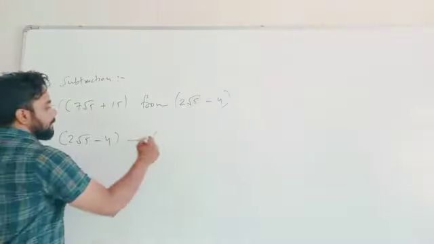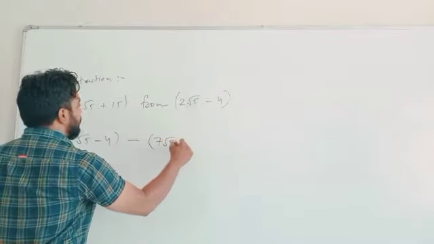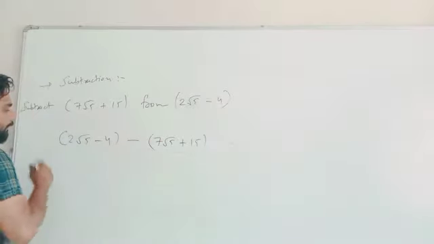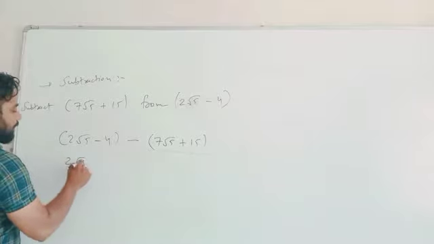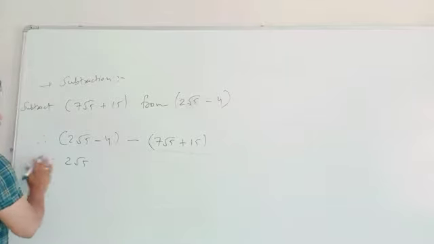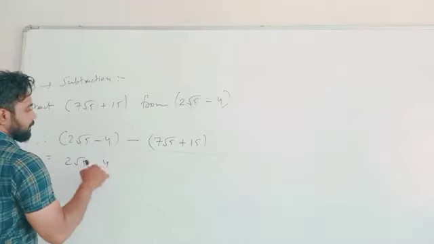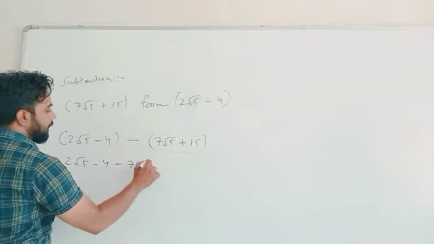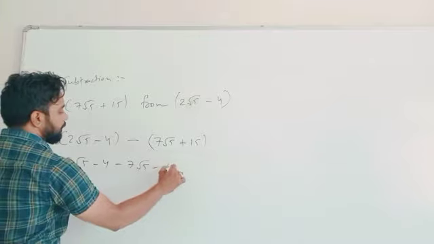That is 7 root 5 plus 15 in this. Okay. Now 2 root 5 minus 4 minus 7 root 5 plus 15.